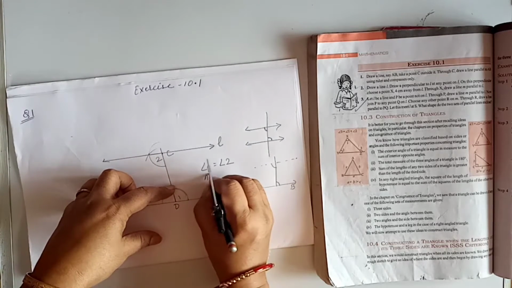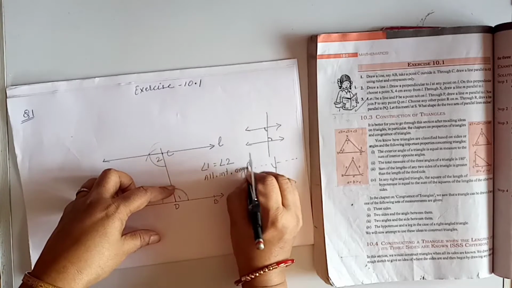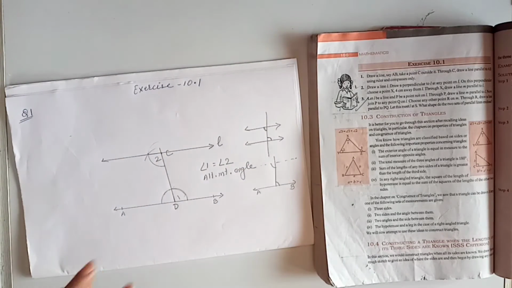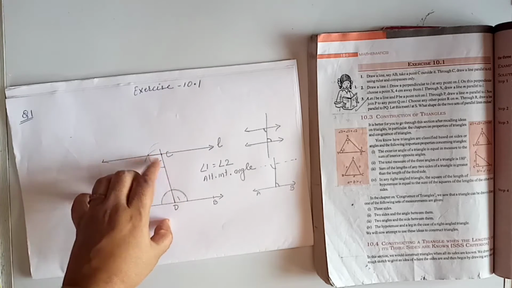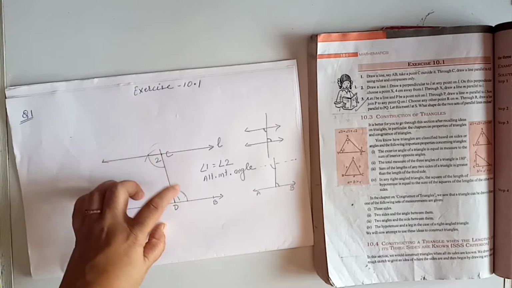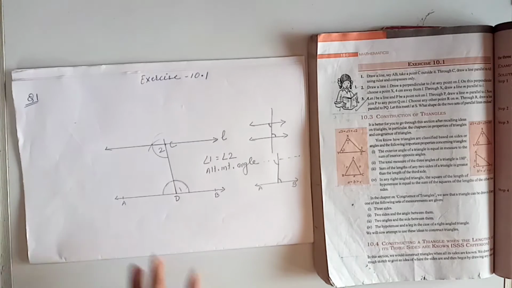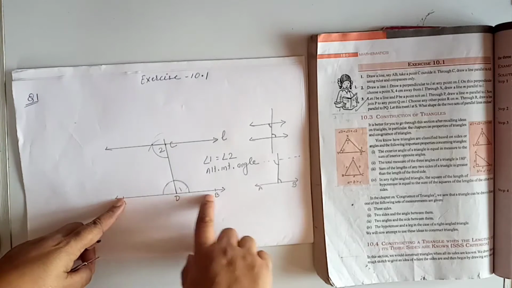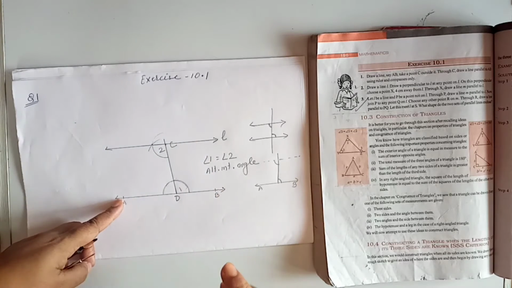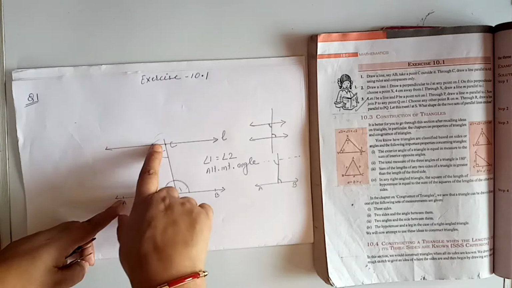Because they are alternate interior angles. When a transversal cuts two lines and the alternate interior angles are equal, using this property we have drawn this line. I hope you have understood this. Whenever you want to draw a line parallel to AB, first we have to prove that the alternate interior angles are equal.